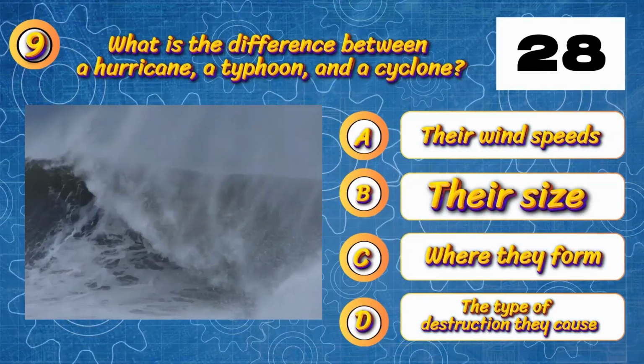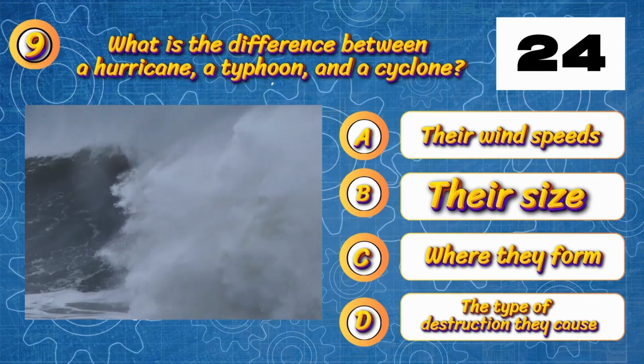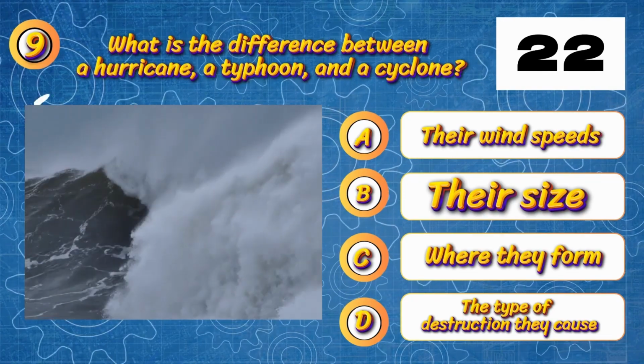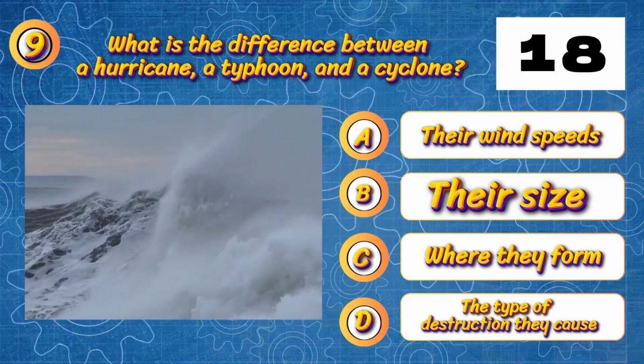Question 9. What is the difference between a hurricane, a typhoon, and a cyclone? A. Their wind speeds. B. Their size. C. Where they form. D. The type of destruction they cause.